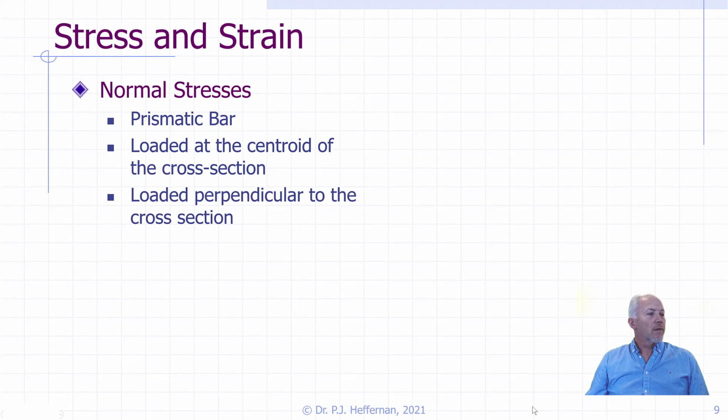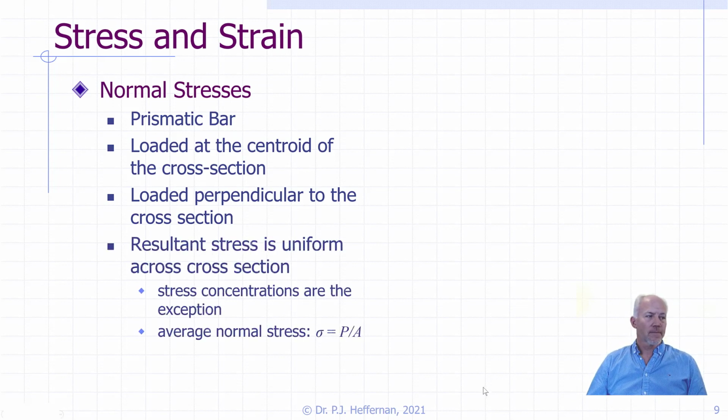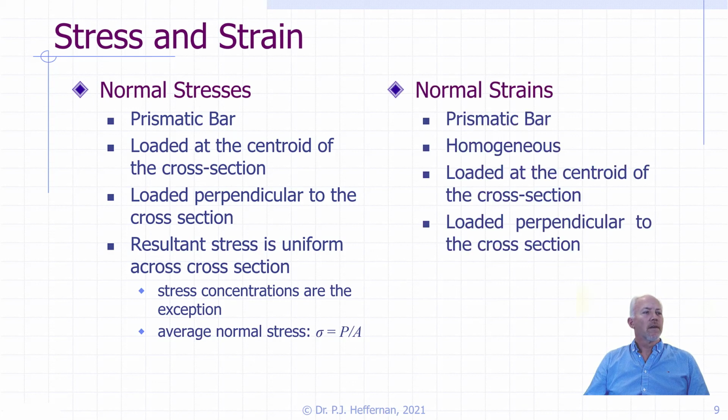It will be both loaded at the centroid of the cross-section and perpendicular to the cross-section, and thus we get a uniaxially loaded bar. And it will result in a uniform stress across the cross-section. Again, as I pointed out before, really this is the average stress, as we know that there will be some variation depending on discontinuities in and around the cross-section itself. For the strains, we see similar assumptions.